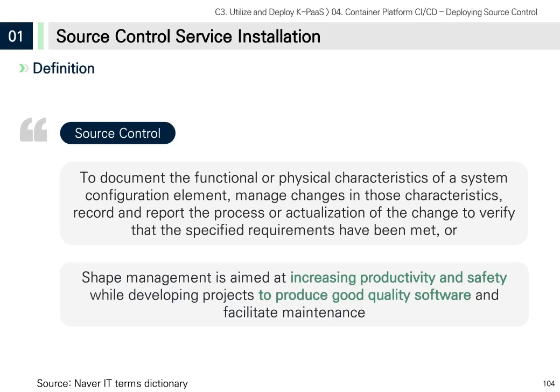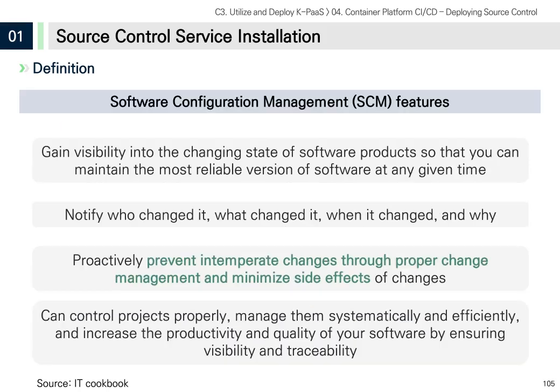The purpose of SCM is to increase productivity and safety during project development, to produce good quality software, and facilitate maintenance. Let's take a closer look at the features of software configuration management.